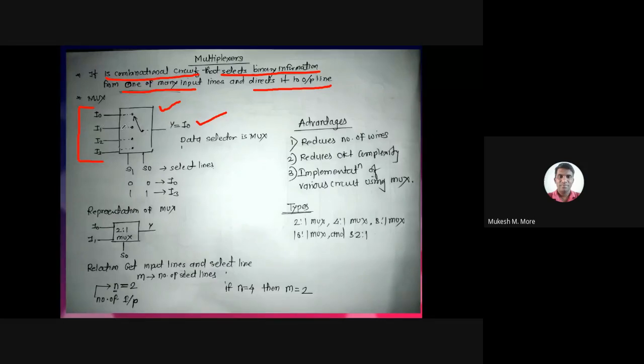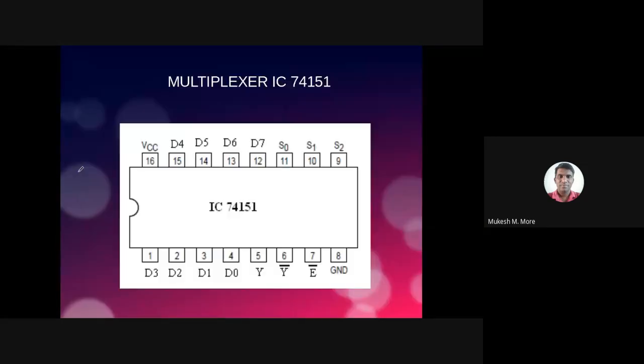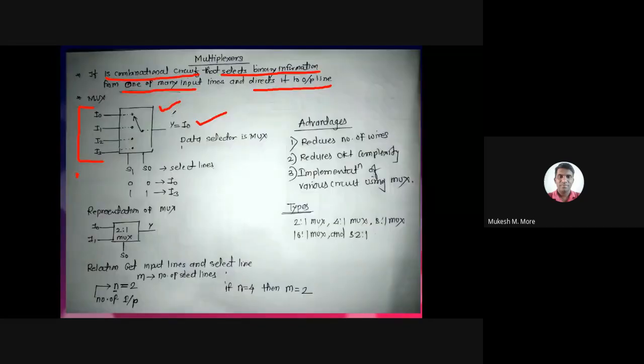This is the logic design of the multiplexer. In the multiplexer we have I0, I1, I2, I3. These are input lines, or you can say data input lines. And we have output Y. One more thing in this multiplexer is the select line.